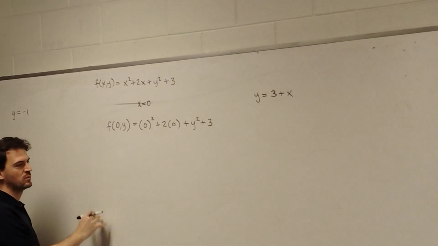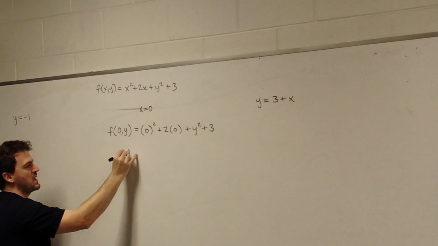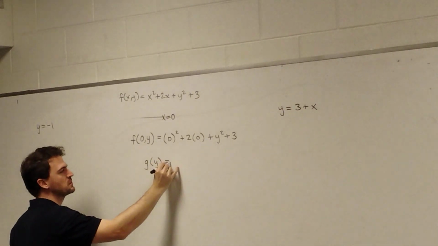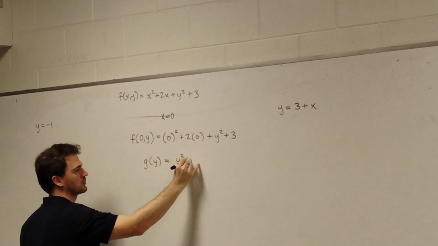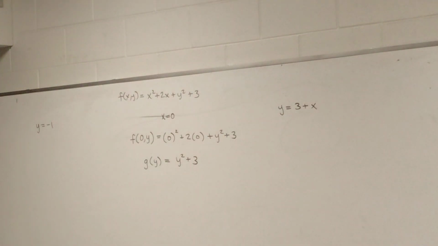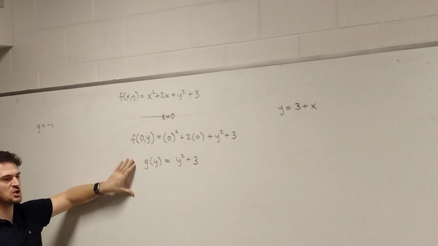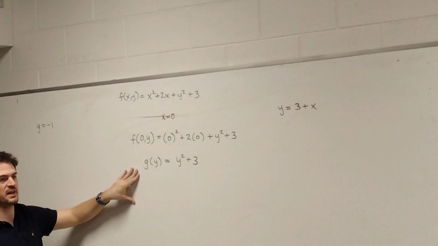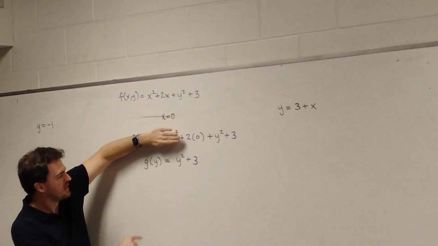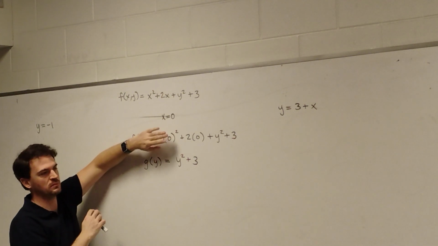So just to make this look as simple as possible, I'm just going to call this some new function of a single variable g of y. Just so that this looks like a Calc 1 problem. If you look at it, this is a function with a single variable.